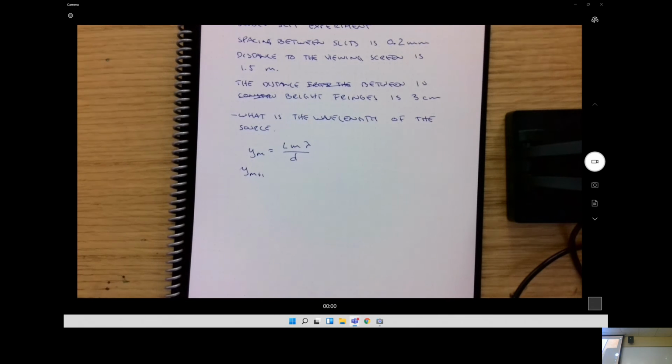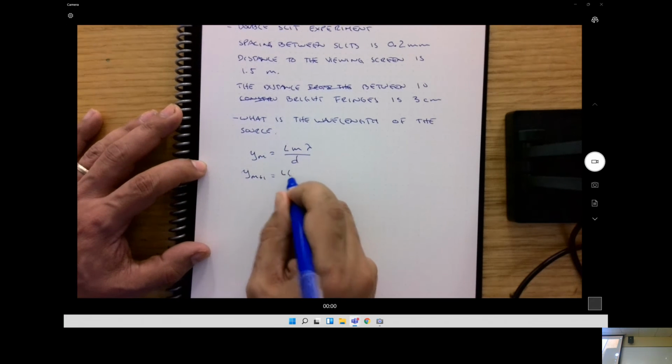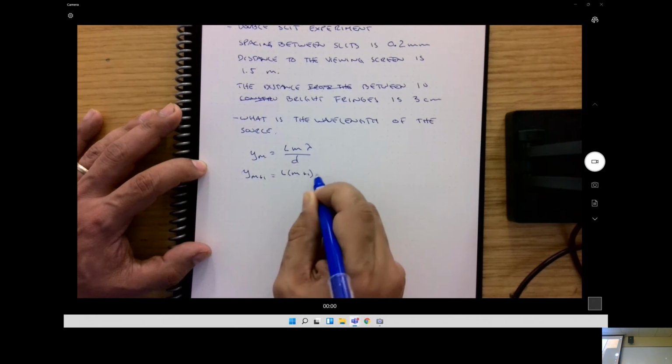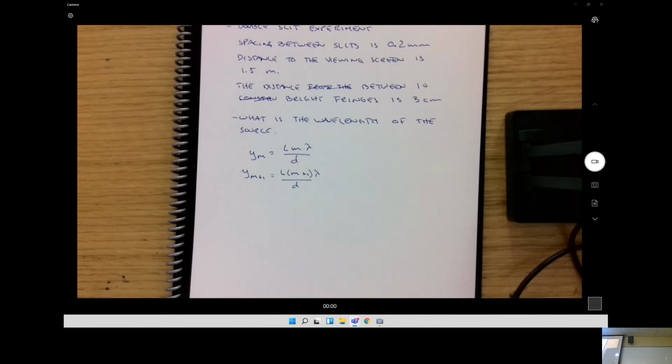Regardless of the value of m, the next one is m plus 1, so it's at a distance L (m plus 1) lambda over D. The only thing I'm doing is changing the value of m. If I'm looking at the third fringe, the next one is the fourth fringe, and so on.